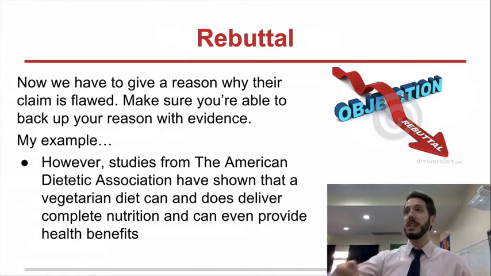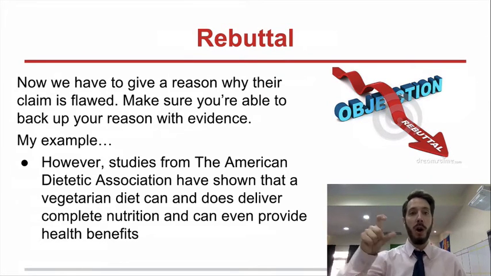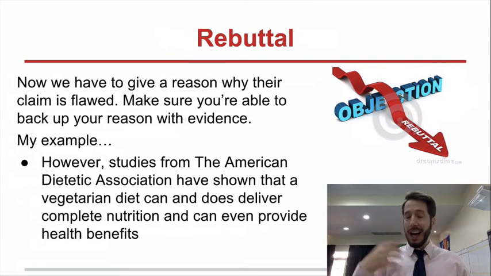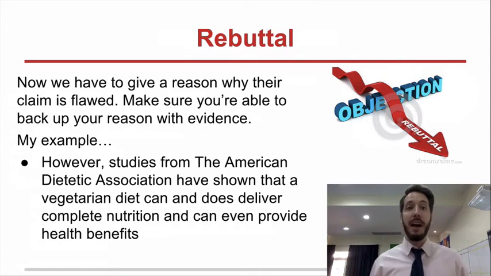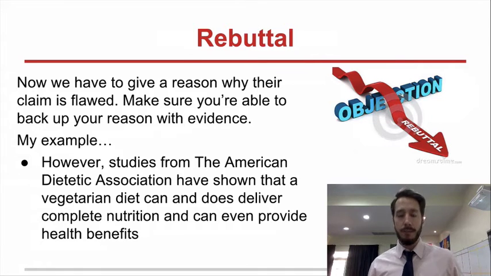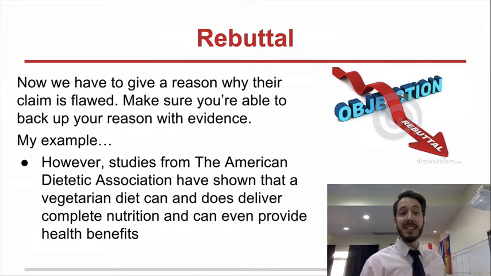Now I have to give a reason why that counterclaim is flawed. And typically, I want that to be based on stronger evidence that I'm noting. For example, here's the rebuttal. However, studies from the American Dietetic Association have shown that a vegetarian diet can and does deliver complete nutrition and can even provide health benefits.